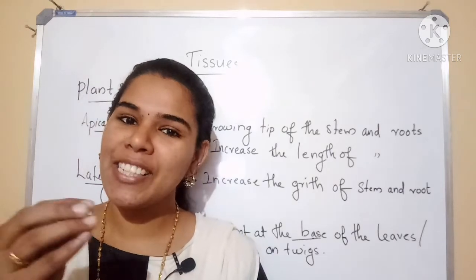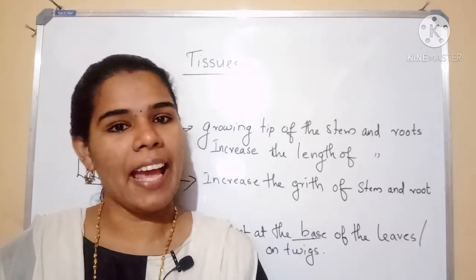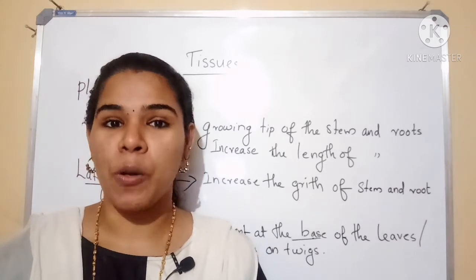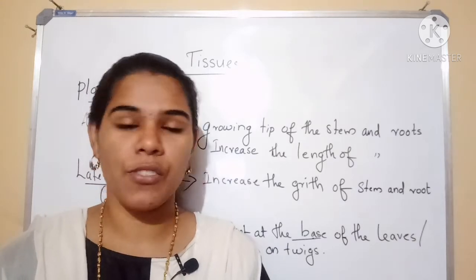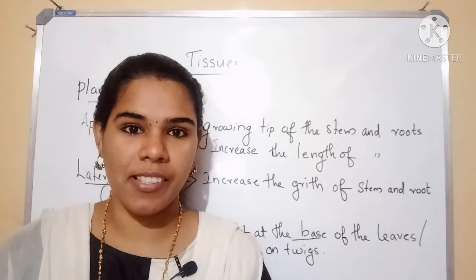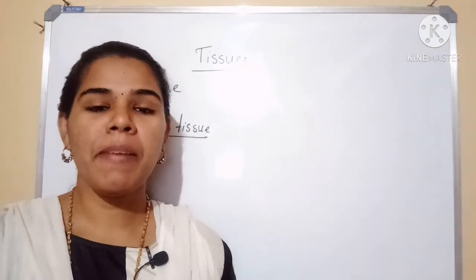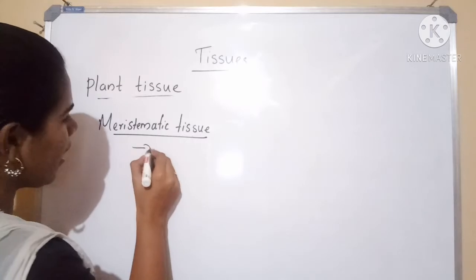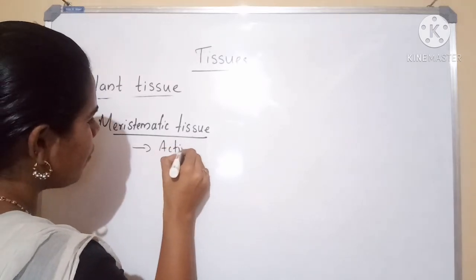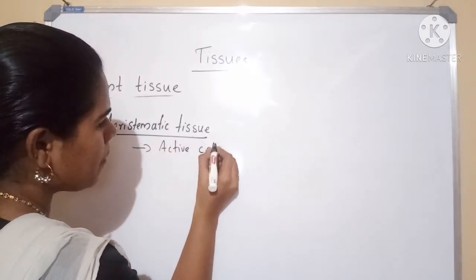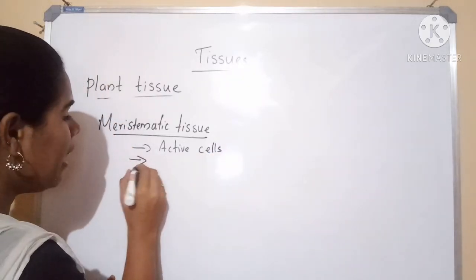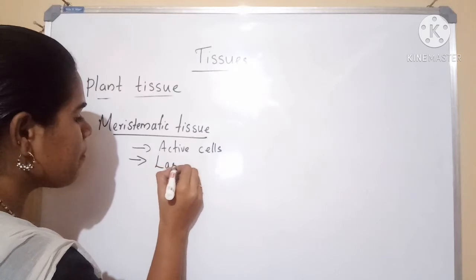Meristematic tissue has its own characteristics, so let's learn the basic structure. How will you identify it? Meristematic tissues are active cells, and comparatively large in size.